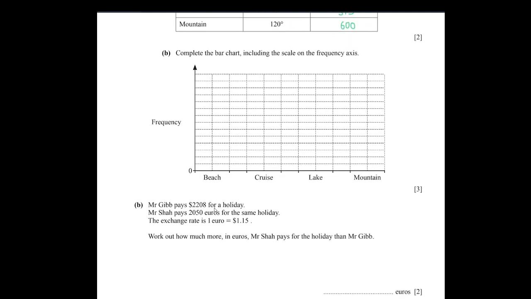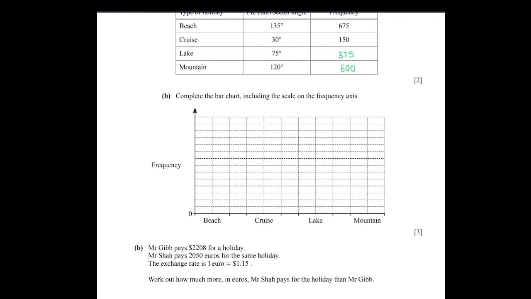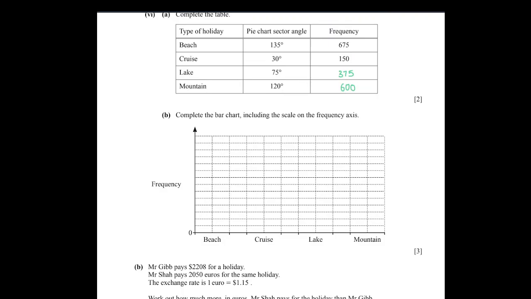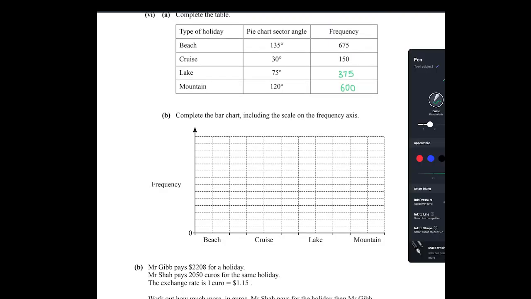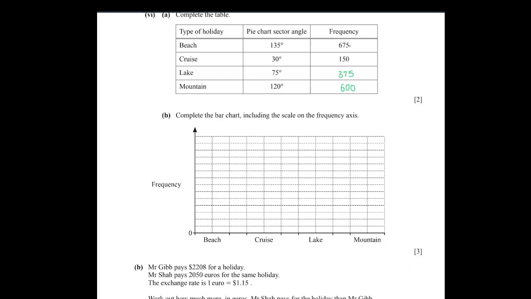Now B, complete the bar chart including the scale on the frequency axis. Now we need to make a bar chart here using this frequency. So mark the frequencies accordingly. We have got like 675, 150. So the least is 150, greatest is 675. So let me mark the first as 100.